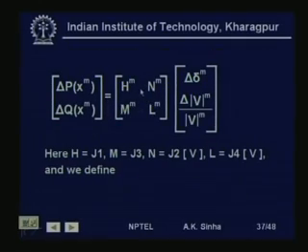Now, we can try and make some improvement in this, that is, the calculation of Jacobian elements can be reduced if we multiply the del p by del v term by v and the del q by del v term by v.